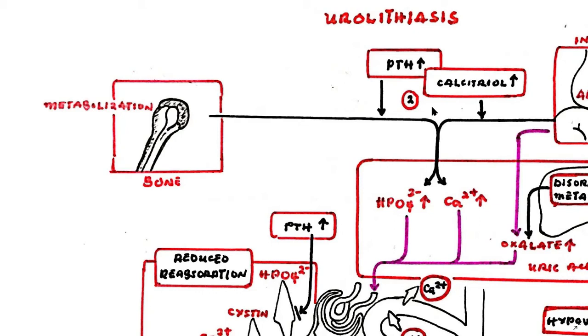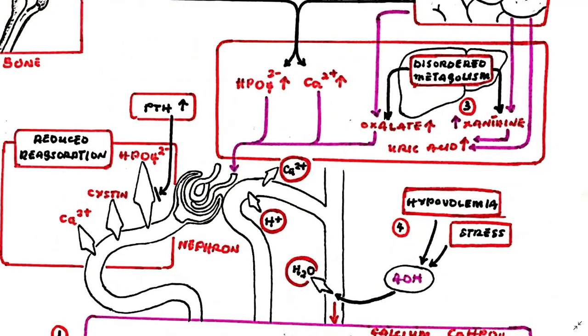Hyperoxalemia, or elevated oxalate, can be brought about by a metabolic defect in amino acid breakdown or by increased intestinal absorption. Hyperuricemia, or elevated uric acid, occurs as a result of an excessive supply, increased new synthesis, or increased breakdown of purines.